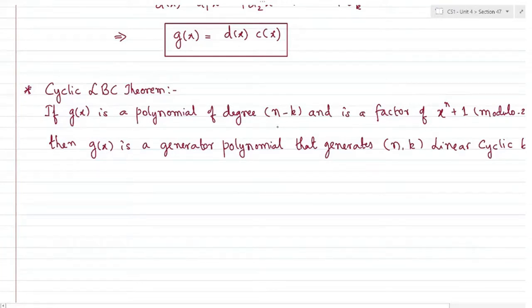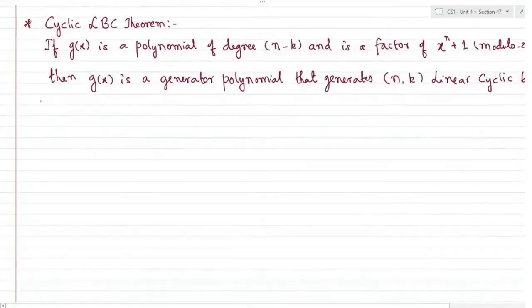And if this g of x is a polynomial which is a factor of x power n plus 1, in the sense, if we can factorize x power n plus 1 into several polynomials, one of those factors would be g of x, and that we call a generator polynomial, and that definitely generates an n comma k linear cyclic block code. Okay, so that is the explanation of the theorem.